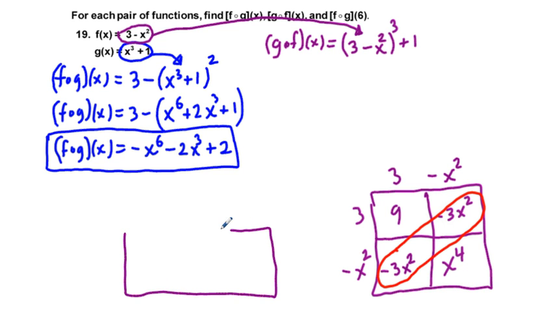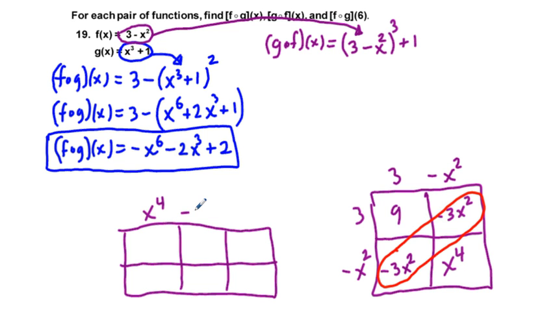Now this time, on the top, we have, I'm going to put x to the 4th. We have minus 6x squared, and then we have plus 9. On the very left, we'll put 3 minus x squared. So I'm going to put 3 minus x squared.